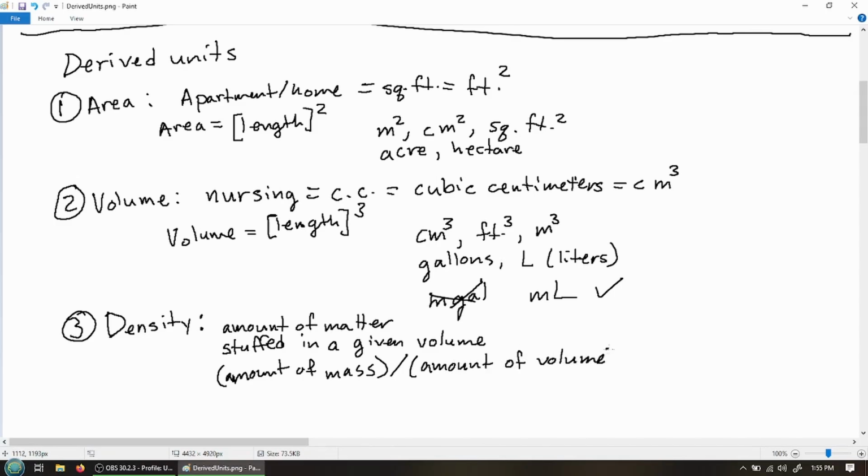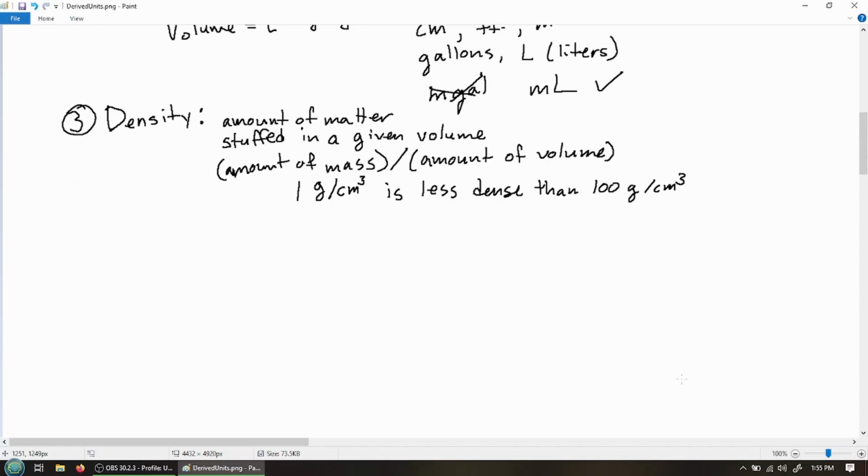Right? So if we think of one thing as having 1 gram of mass per 1 liter, right? That's going to be a lot less dense than something that has 100 grams of mass per 1 liter. So let me just write it as 1 gram per cubic centimeter, because this is the way that you'll often see this written, is less dense than 100 grams per cubic centimeter, excuse me.